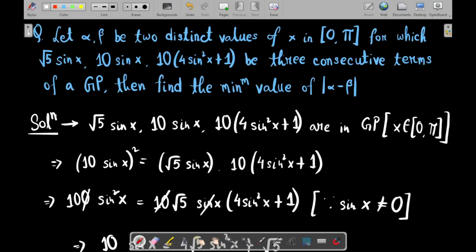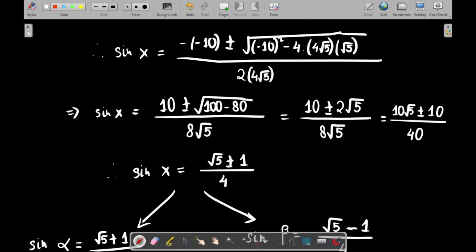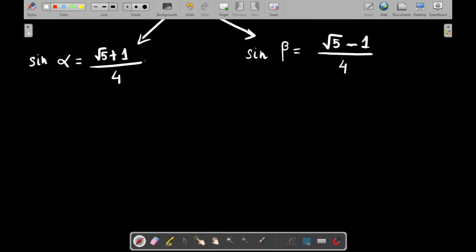Okay, and we are given that these two angles are in this closed interval 0 to pi, that is up to the end of the second quadrant, right? So these two values of sine are not common. These are not so standard angles, but for the acute angle, this first value is equal to sine of 54 degrees, which can also be written as 3 pi upon 10.